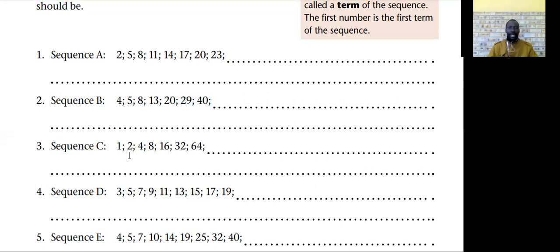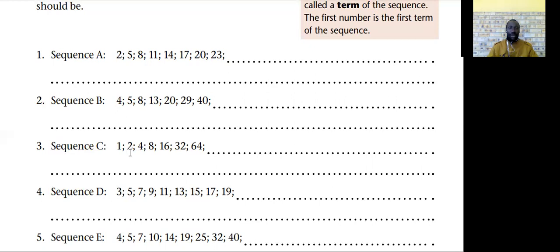Here we have 1, next is 2, next is 4, next is 8, next is 16. Very much like to find 2 from 1, we have to multiply 1 by 2. This time adding cannot work conveniently. So we multiply 1 by 2, we get 2.